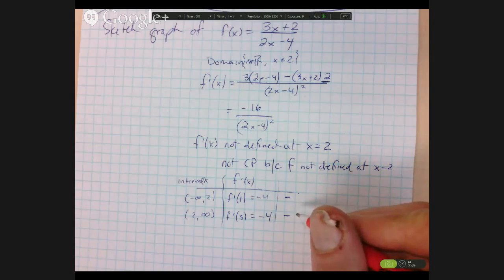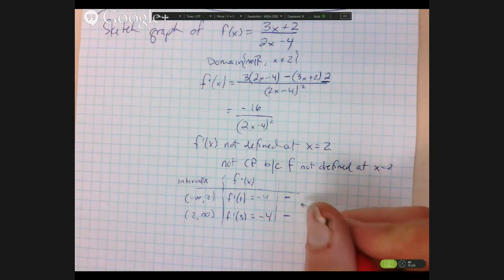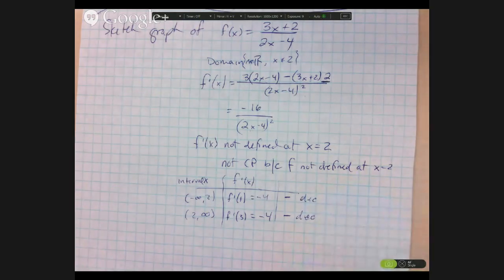What does the first derivative being negative tell us? Right. So we have decreasing. Nope, that's the second derivative. See, this is why we're focusing on that tomorrow. The first derivative can tell us the slope of the tangent line, increasing or decreasing. All right?